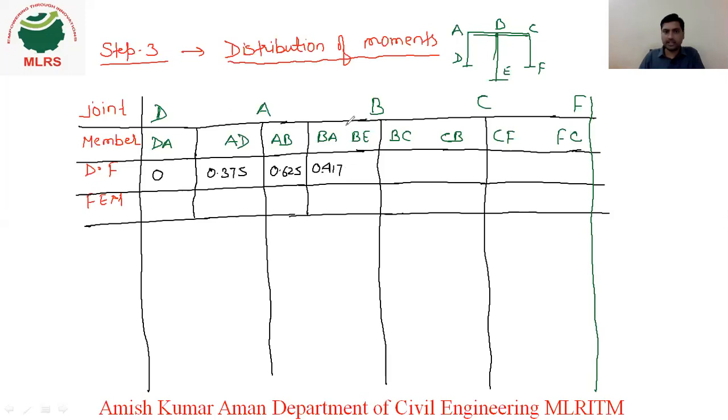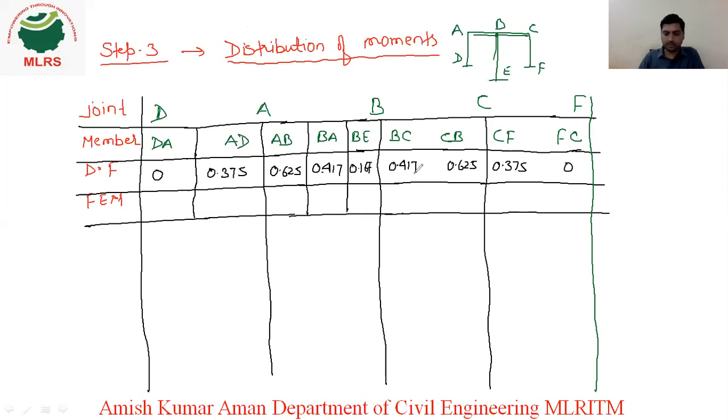For BE, we have 0.167. For BC, 0.417. For CB, 0.625. For CF 0.375, and for FC again 0.